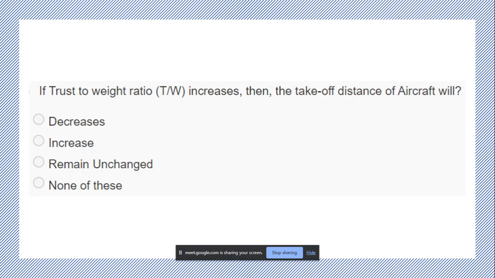Does anyone remember what the formula for the takeoff distance is? Try to figure it out, or try to intuitively guess it. What would the value of the takeoff distance be if the thrust to weight ratio increases?